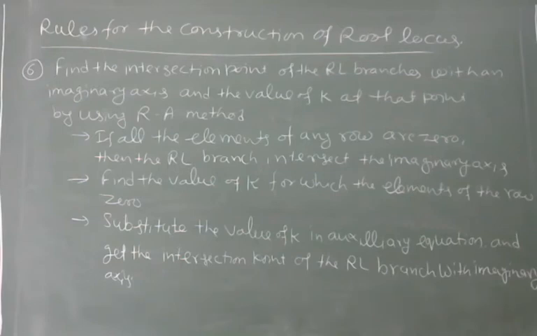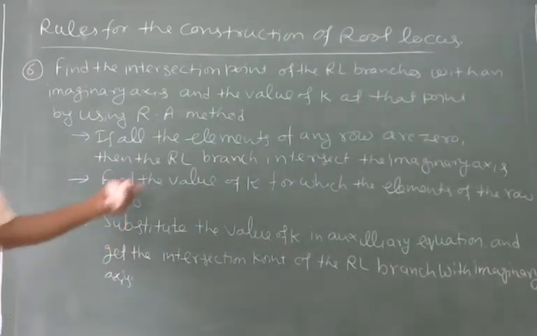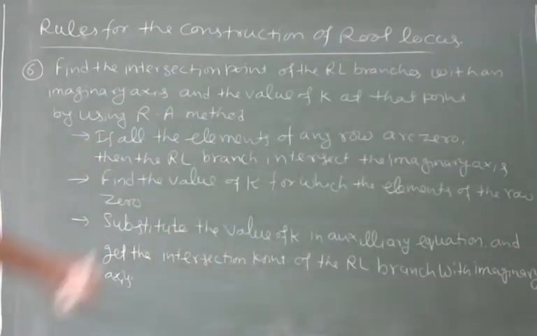So we have to find out the value of k for which the elements of the row are 0, and we will substitute that value of k in the previous equation, which is the auxiliary equation.